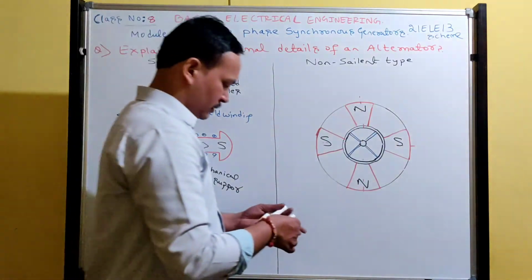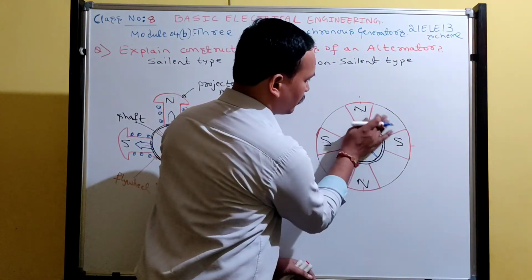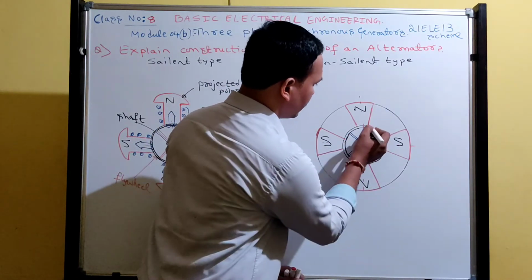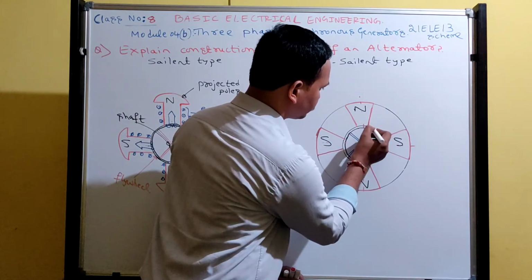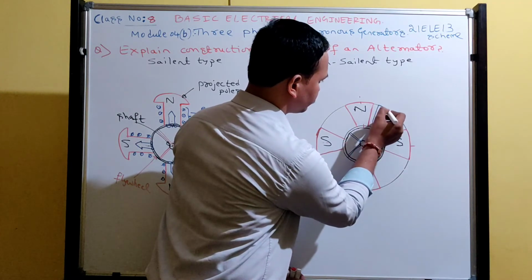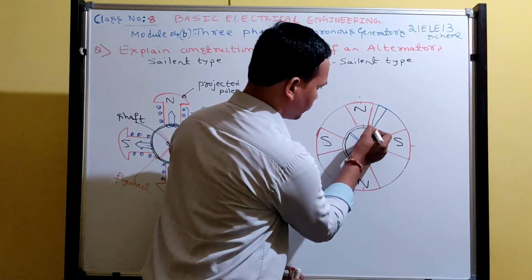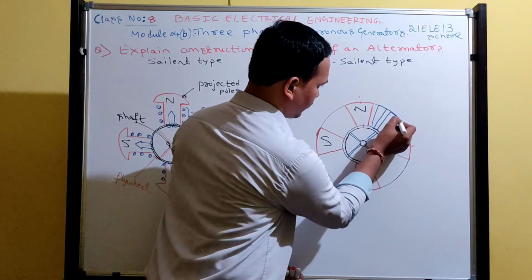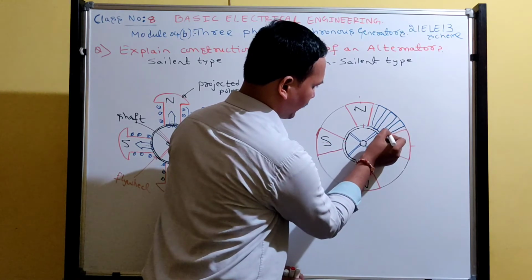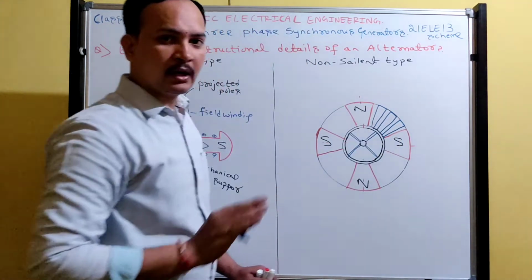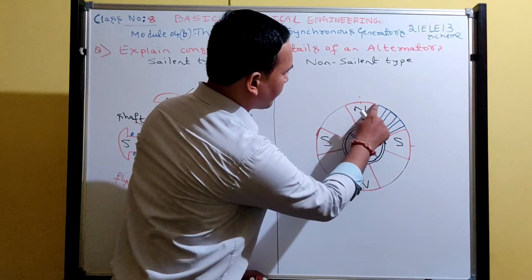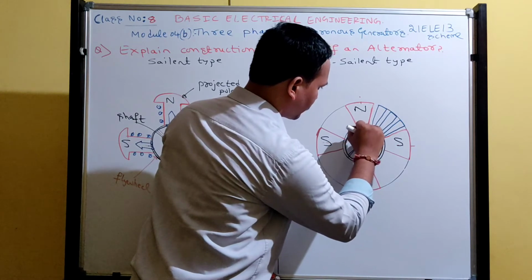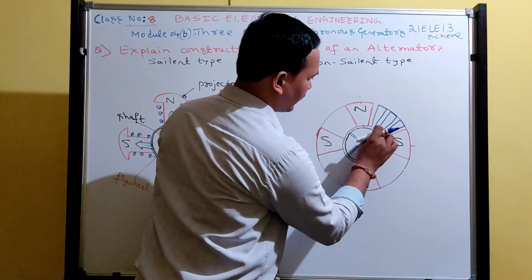Next, you have to fill this remaining part. You should not leave it blank. The remaining part we can fill in this way: like this 1, 2, and like this you write 3 times. After writing, you erase here, and here, and here.